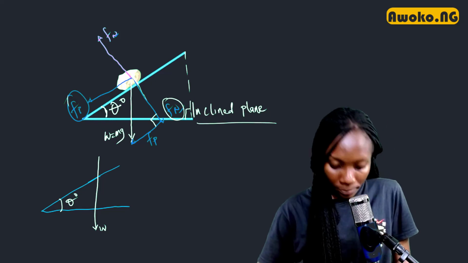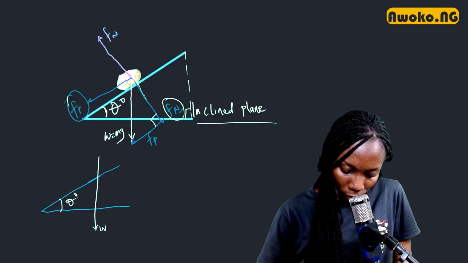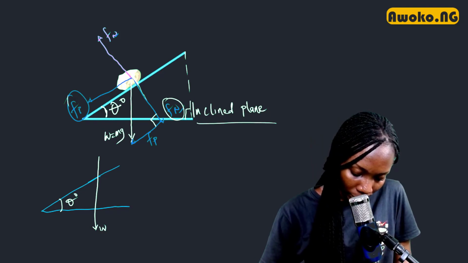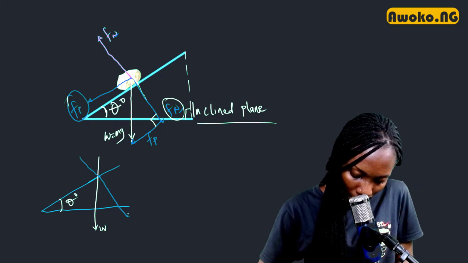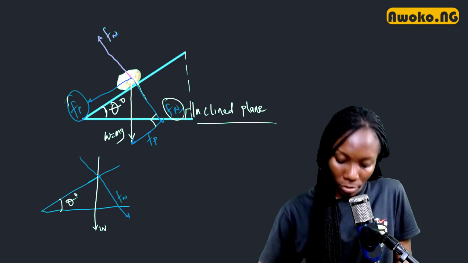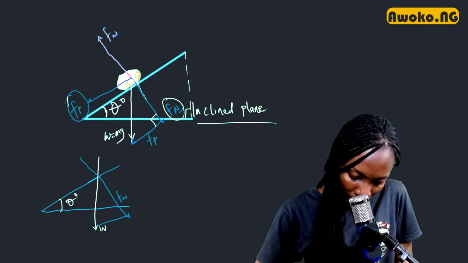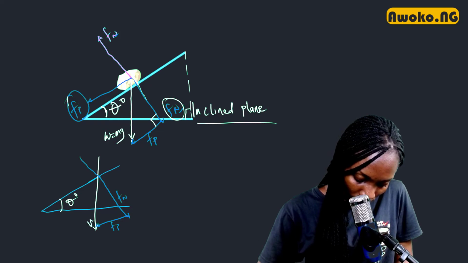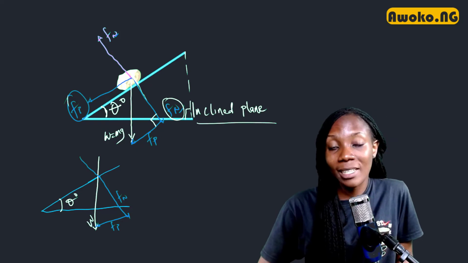Then we have the components of the weight, so we have this, extending from here, our normal force Fn, or perpendicular force. And then when we connect it here, we have our parallel force, right? Let me remove this W here so it doesn't interrupt, and put it here, because this is the line indicating the weight.